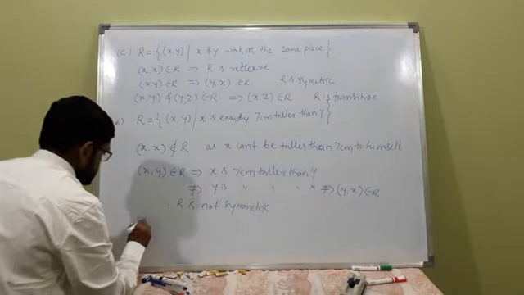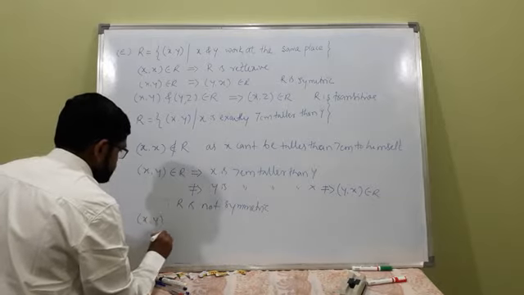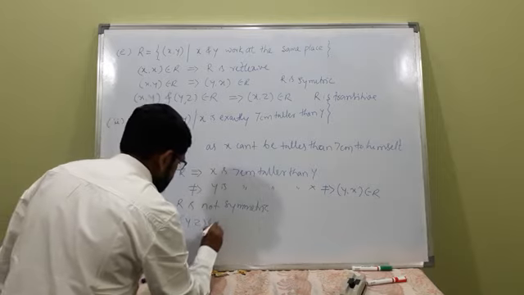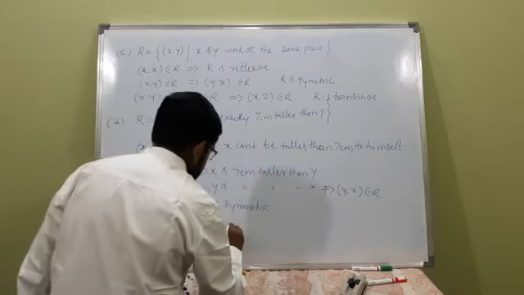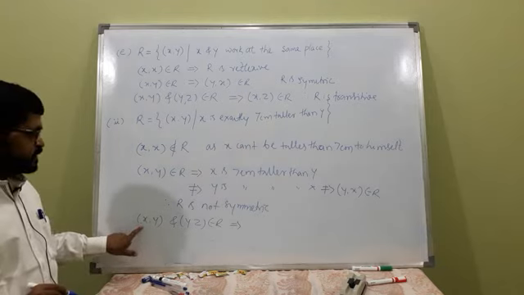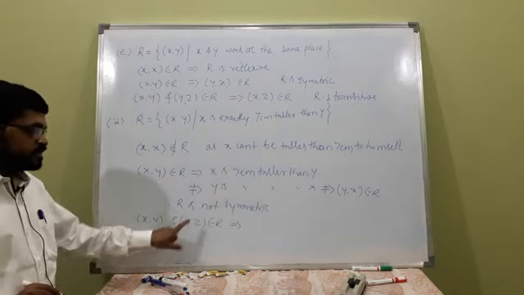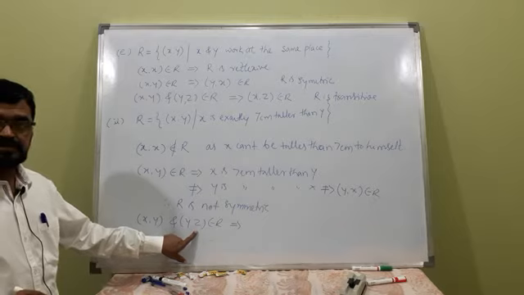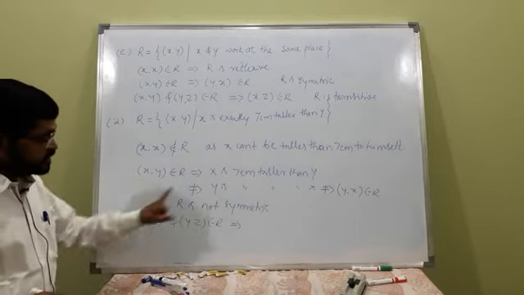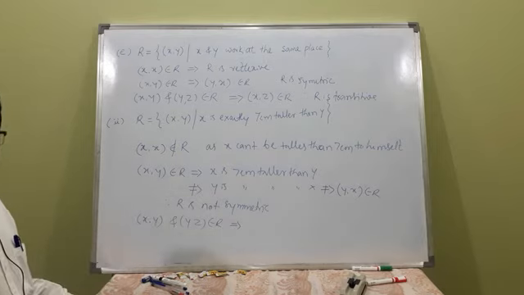If (x, y) and (y, z) belong to R, what is the meaning of this? x is 7 centimeter taller than y and y is 7 centimeter taller than z, then x cannot be 7 centimeter taller than z, isn't it?